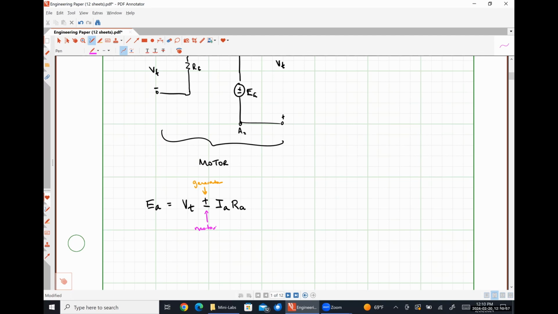Now, this armature resistance RA is actually several resistances that are lumped together.